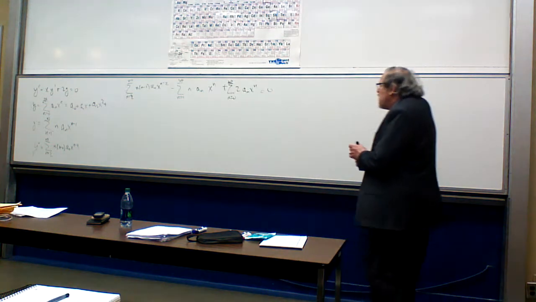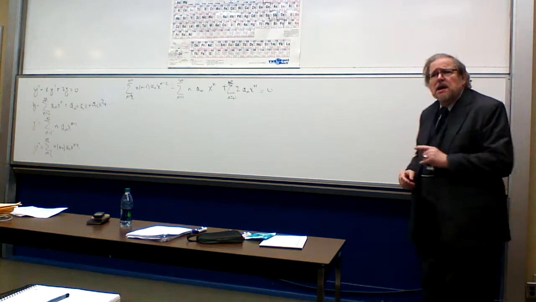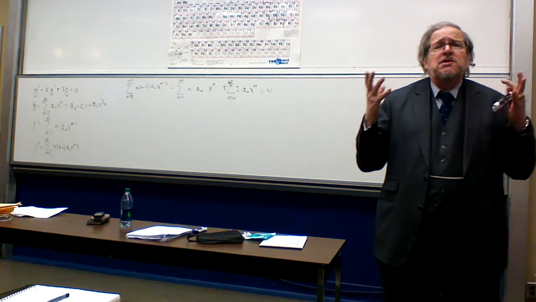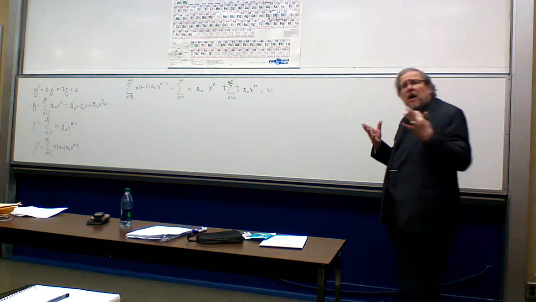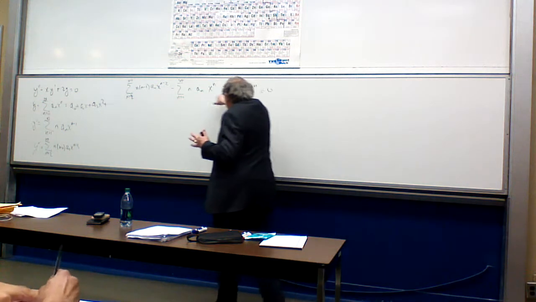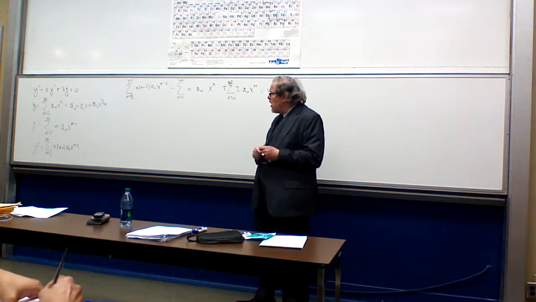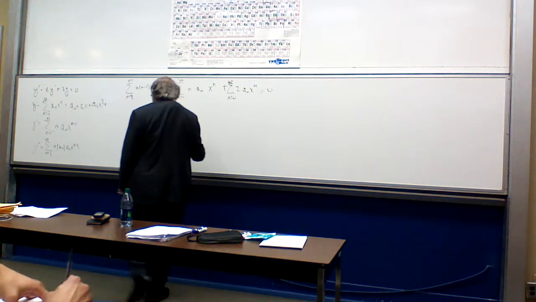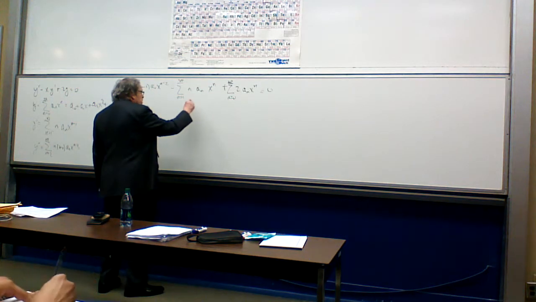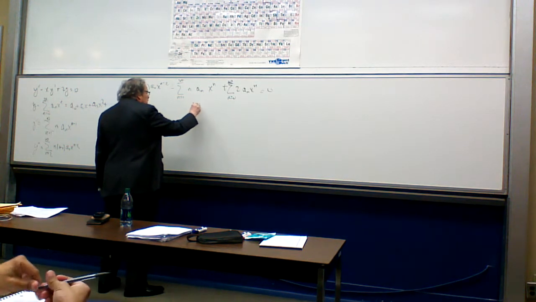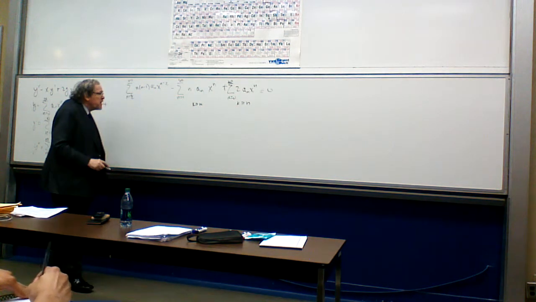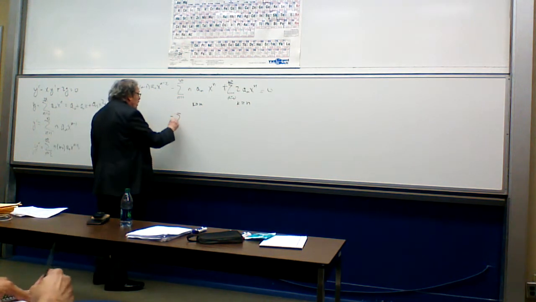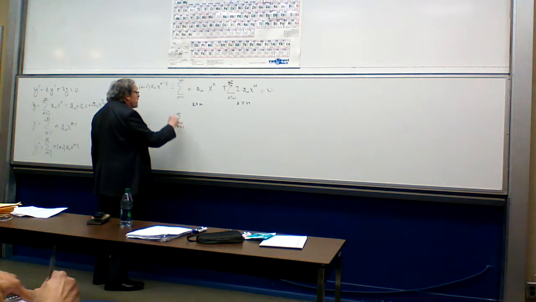Okay. And now what I need to do is get all of these things to have x to a power that looks the same, so that I can combine these things. I've got x to the n on these two terms. I want all of them to be in terms of x to the k. So I'm going to replace in these two series n by k. That doesn't require anything more than rewriting it.